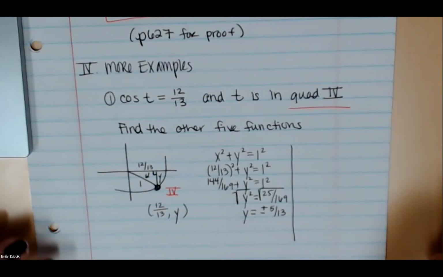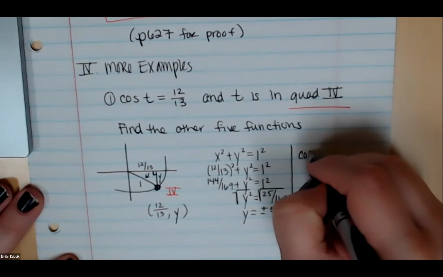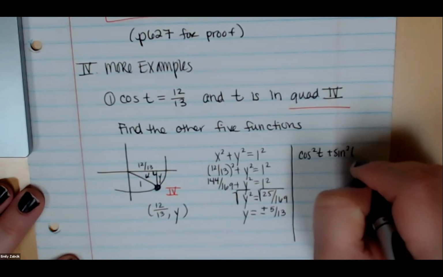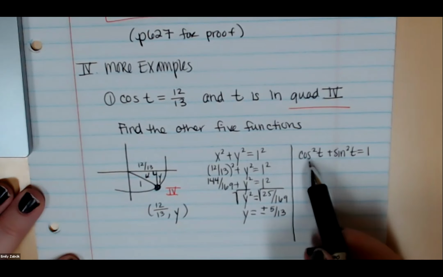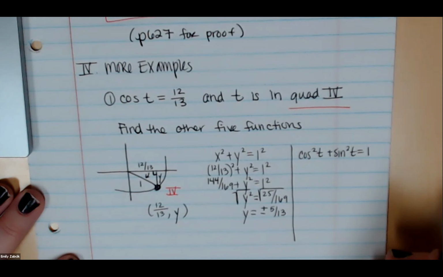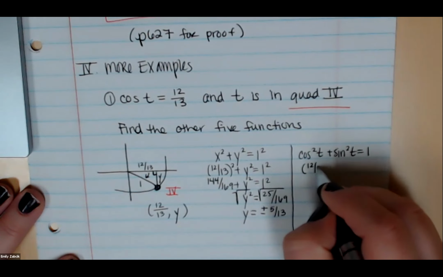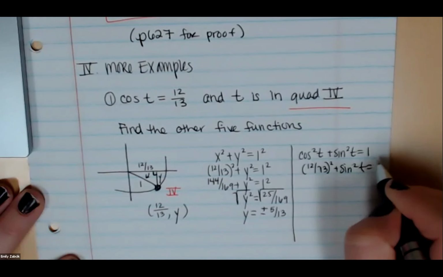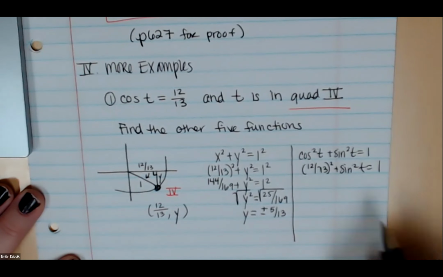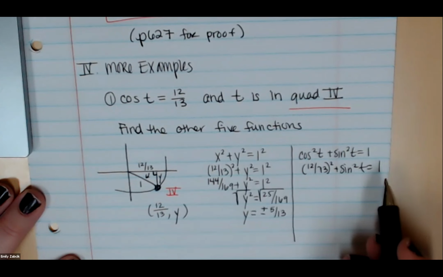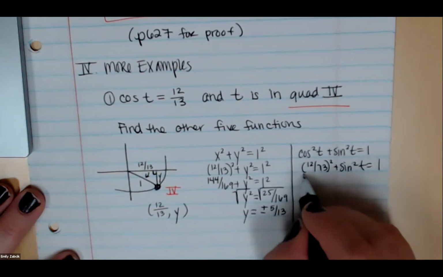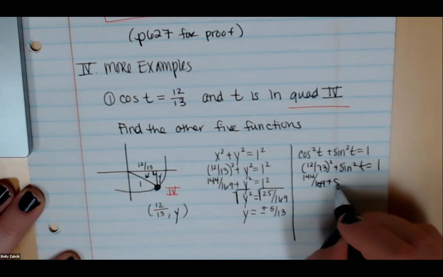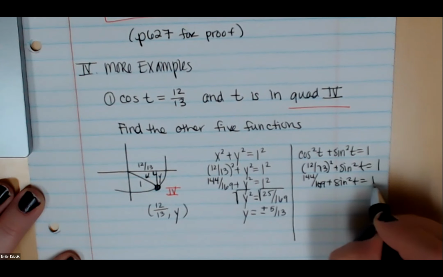Alternatively, you could use your Pythagorean identity in relation to sines and cosines to solve this also. So I want to show you that real quick. You say cosine squared plus sine squared equals 1. Notice it's similar. So that means I get 144 over 169 plus sine squared equal to 1.